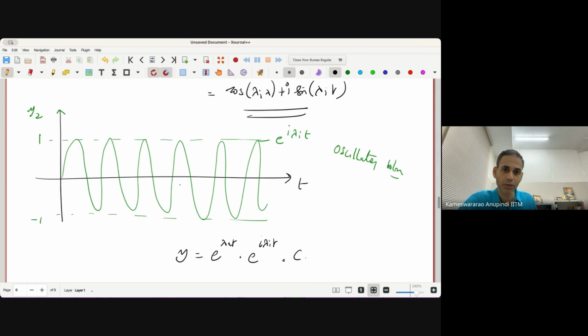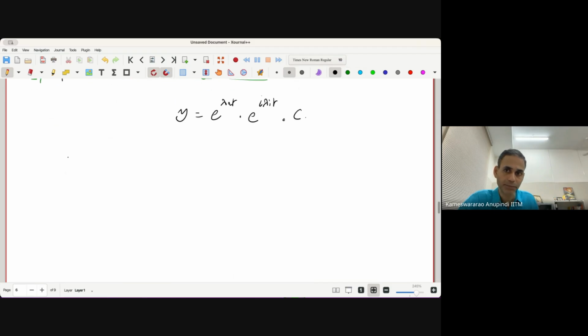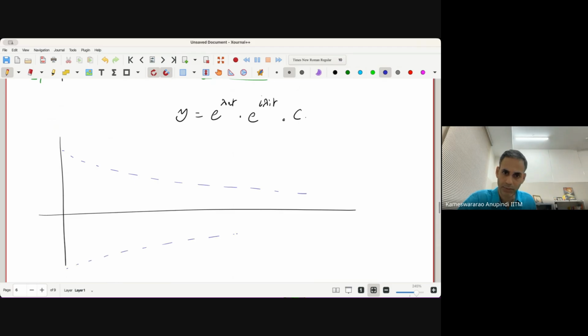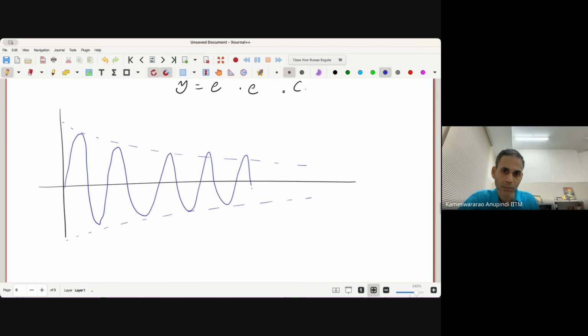So the product of these two is going to look like this: the amplitude is decaying, whereas the oscillatory solution is also there. It's going to decay like this, so its amplitude is being constrained by the first term.